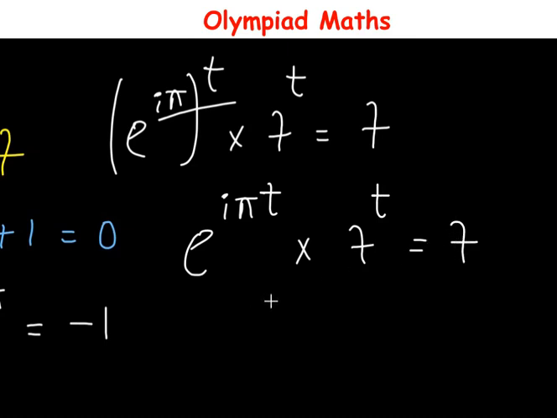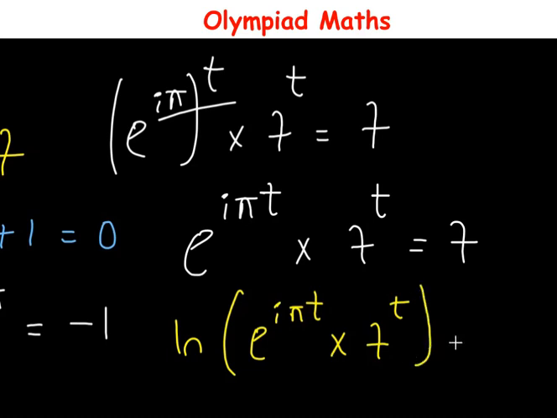At this junction, we're going to introduce natural logarithm to this equation. So we have ln of (e raised to power i pi t times 7 raised to power t) is equal to ln 7.